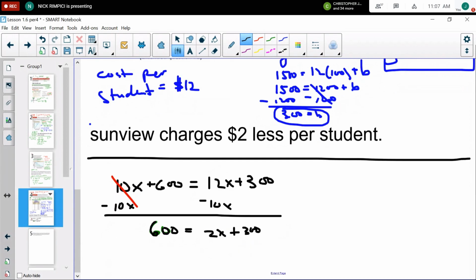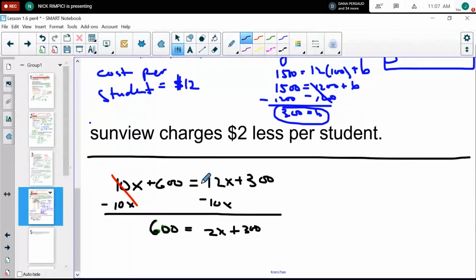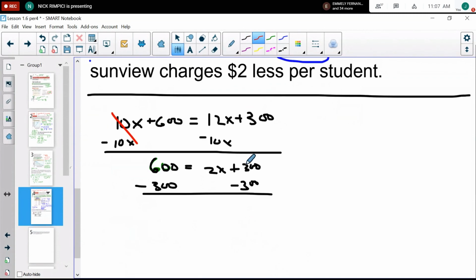And yeah, I know you could have started this a bunch of different ways. It's up to you. Because I did it this way, now I have to subtract 300. And then these are going to cancel out. And 300 is equal to 2x.